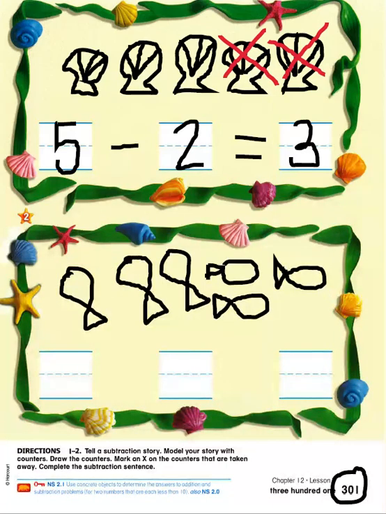All right, I'm going to tell you our math story and then we're going to write a problem to match it. 6 fish were swimming together in the sea. Then 4 fish saw something shiny, so they went to go swim after it. How many fish were left swimming in the sea?